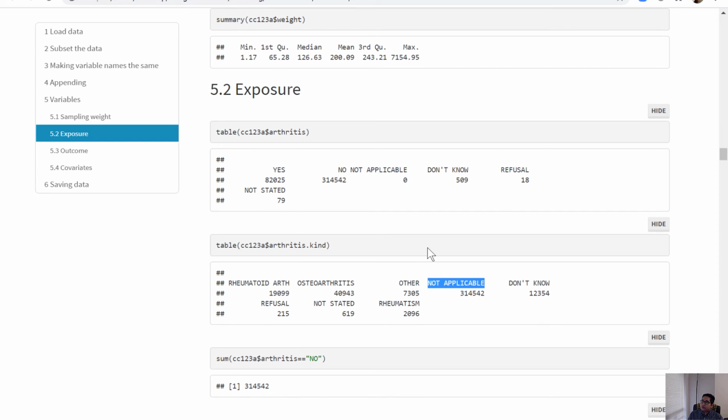So whoever is in the not applicable group is basically the group that answered no to whether you have arthritis or not. Everybody else said in the first question that they had arthritis, and then they subcategorized whether they have rheumatoid arthritis, osteoarthritis, and other kinds of arthritis and things like that.